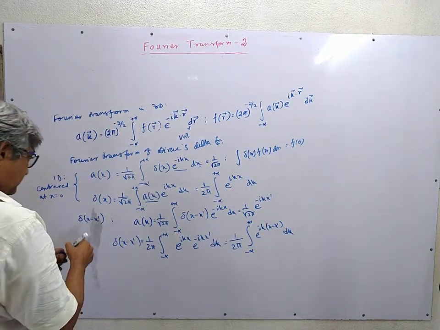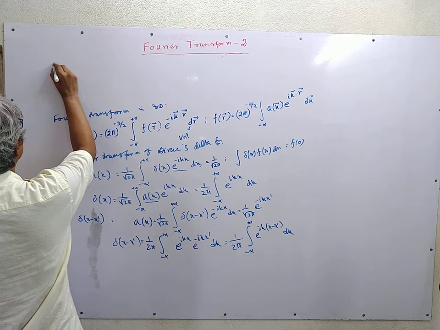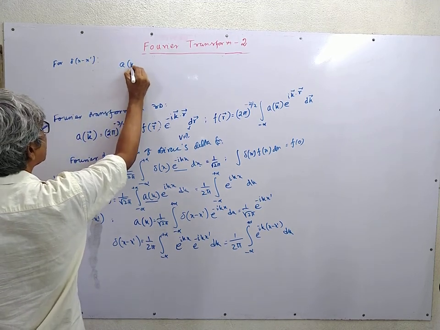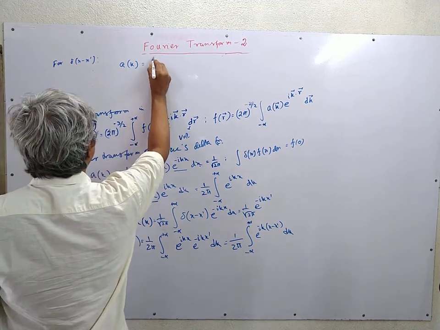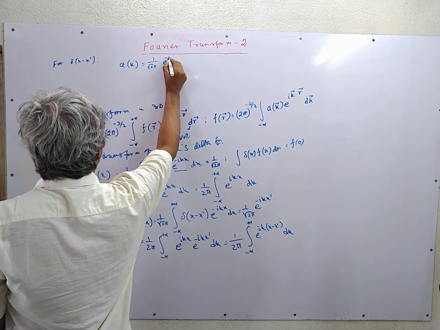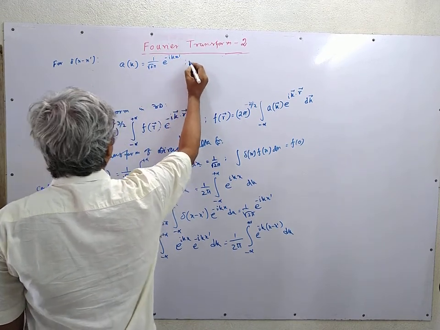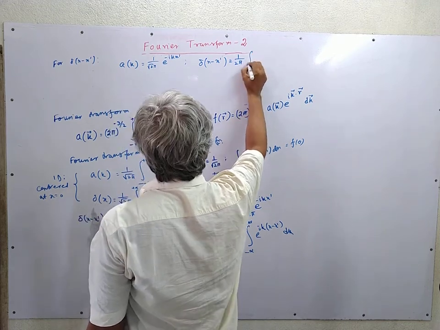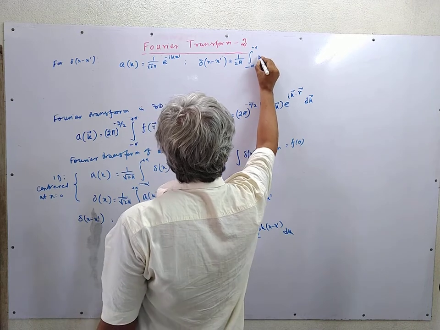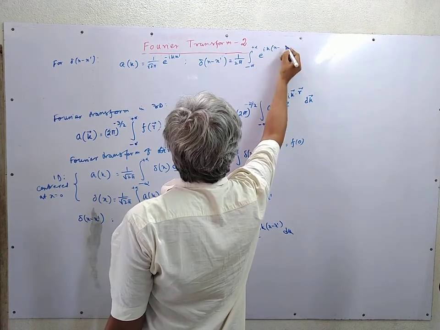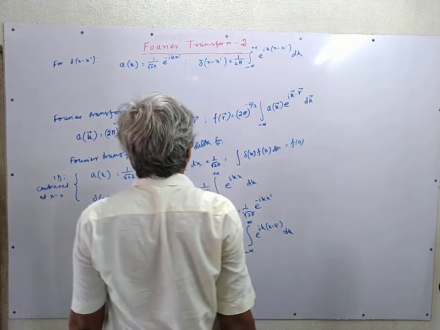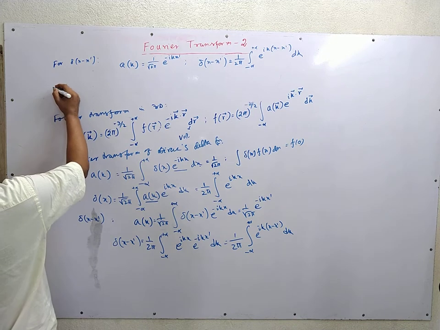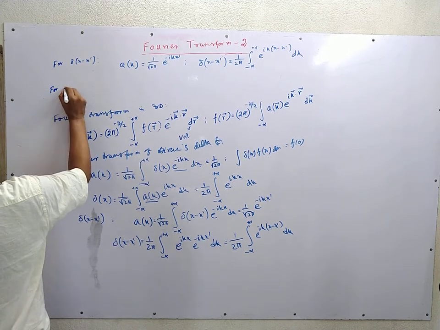So in 1D, for delta of x minus x prime, we have a of k equal to 1 upon root 2 pi e to the power minus i k x prime, and delta of x minus x prime is equal to 1 upon 2 pi, integration over all space, dk.